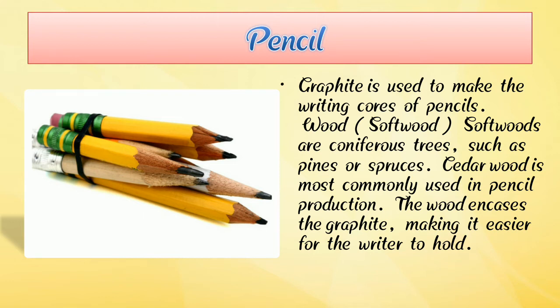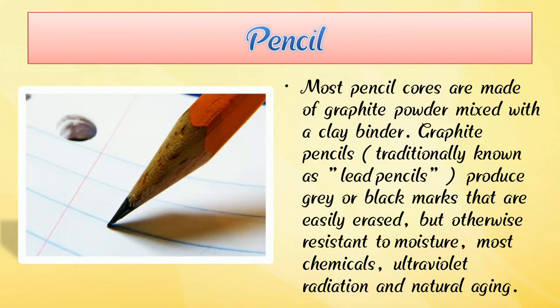Sandalwood is the most commonly used in pencil production, and the wood encases the graphite, making it easier for the writer to hold. Most pencil cores are made of graphite powder mixed with a clay binder.